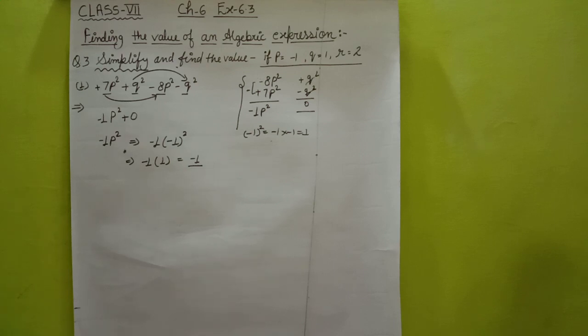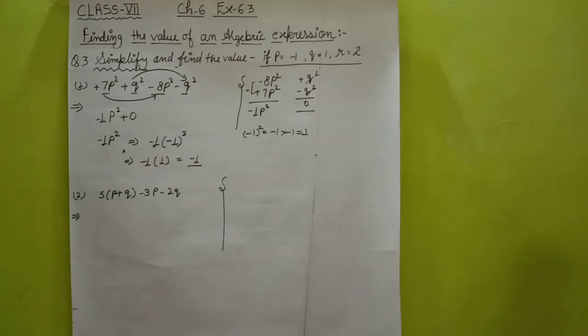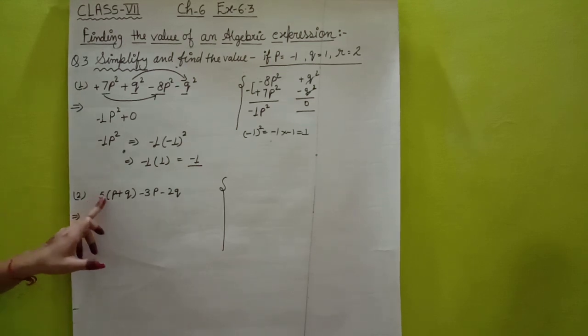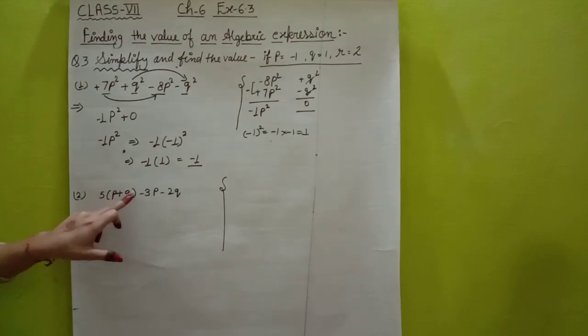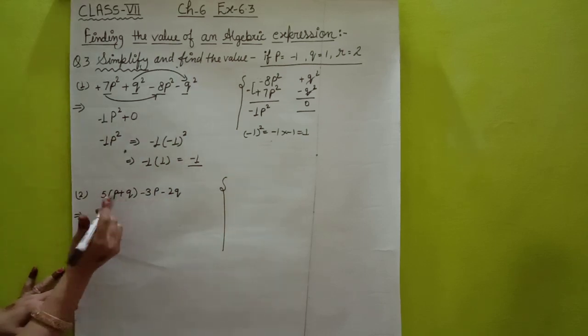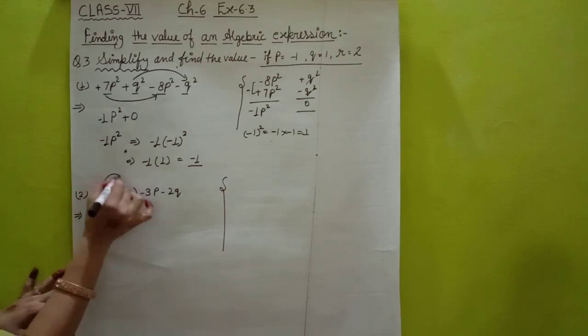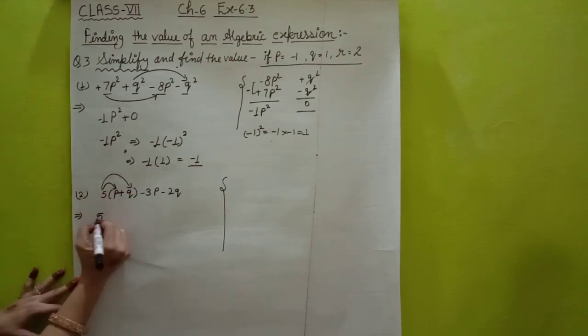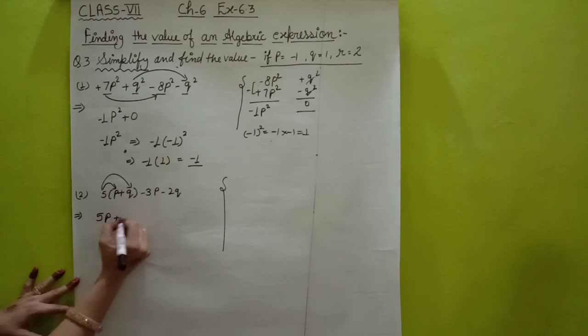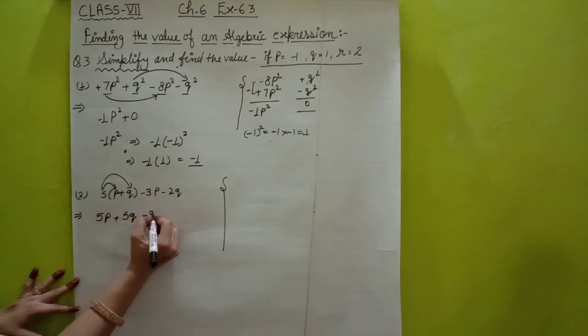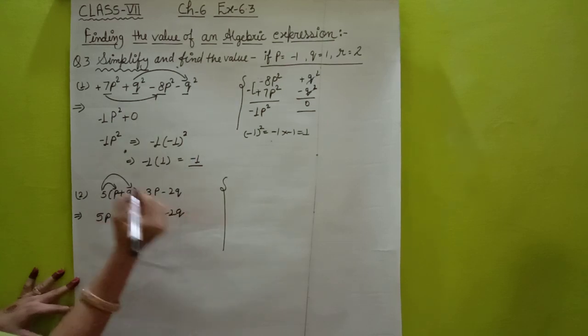Okay, students? Second part: 5 bracket p plus q bracket close minus 3p minus 2q. First of all, we will solve the bracket. First, we will multiply 5 with p, then 5 with q. 5 multiply p, 5p, then 5 multiply q, 5q, then minus 3p minus 2q.